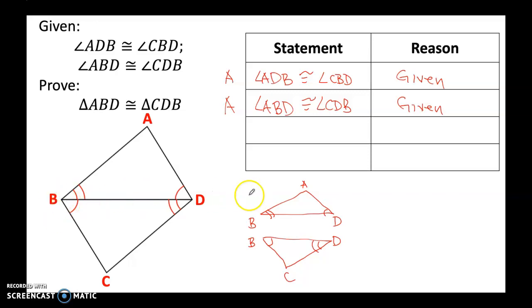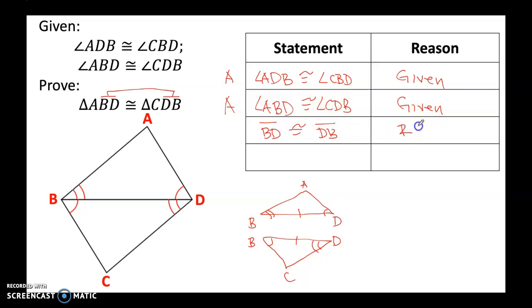Based on the given figure, we can identify that segment BD is congruent to segment DB. So we have segment BD congruent to segment DB. By what reason?